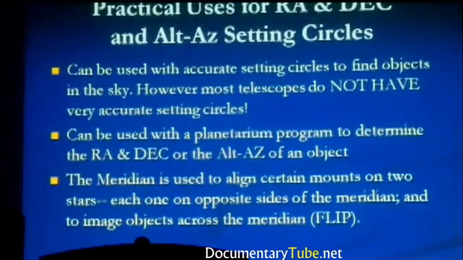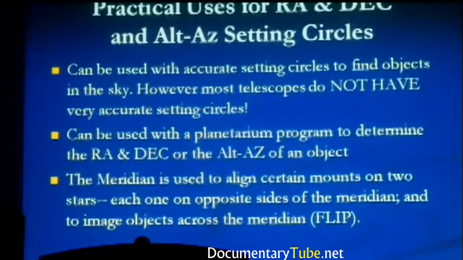If we were to pretend that this line right here is running north and south across the sky, we would want to pick one star from the east and one star from the west and do our alignment with that, either with our go-to or our push-to telescopes. The meridian flip is something that would happen while you're doing imaging on an equatorial mount, and unless you're doing that, there's no reason to worry about that right now.